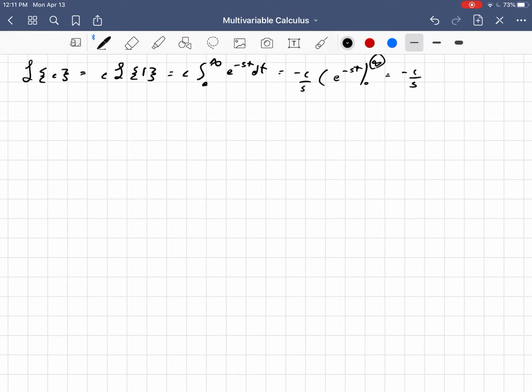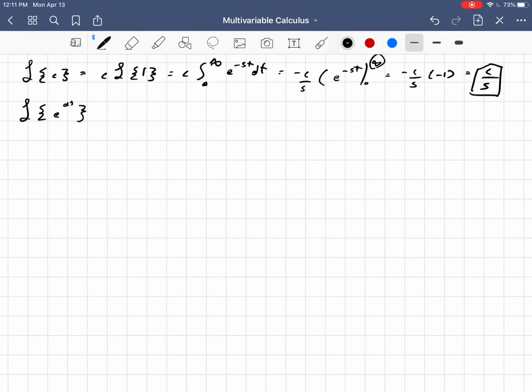So that's negative c over s, and then when we plug in infinity, that goes to 0. That's why we defined it to have an upper bound of infinity to begin with. When we plug in 0, we get a negative 1, because it's the lower bound. So c over s is the Laplace transform of c. Pretty cool.